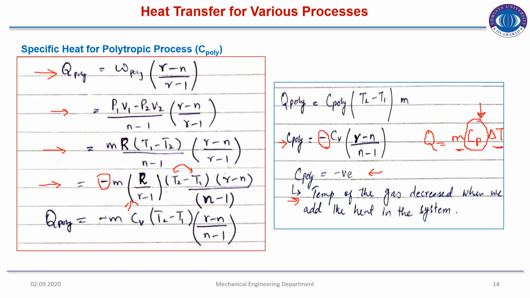So the statement we have proved in the previous slide is assured here. Temperature of gas decreased when we add heat in the system. So you may be asked to derive the specific heat expression for polytropic process in the examination.